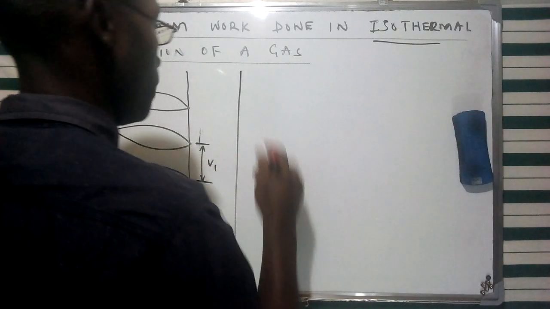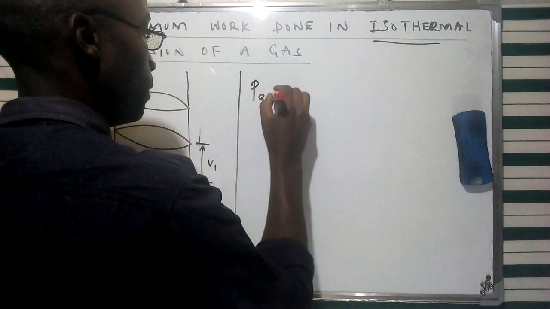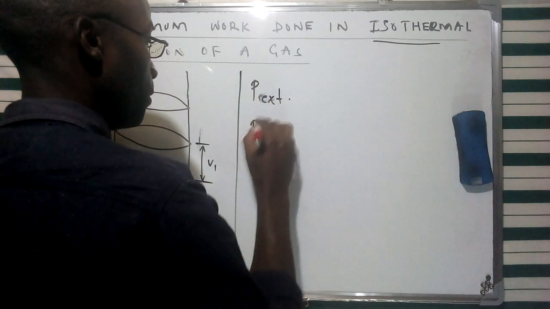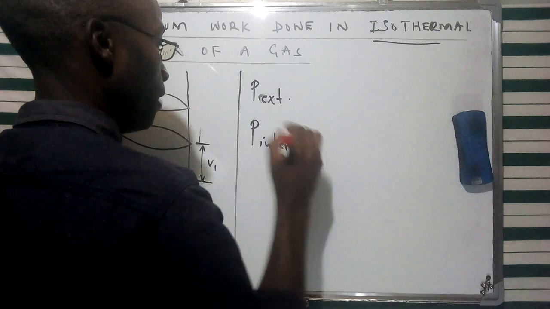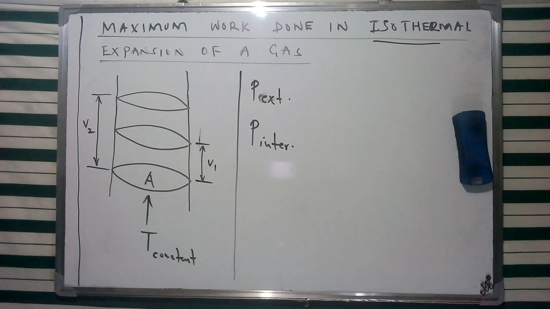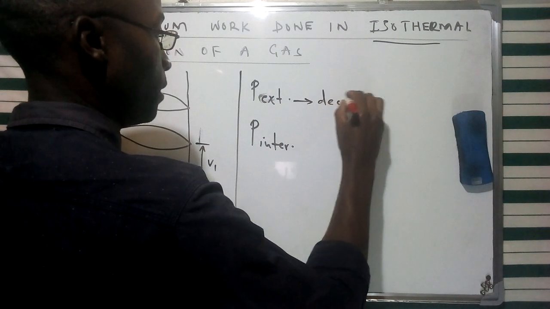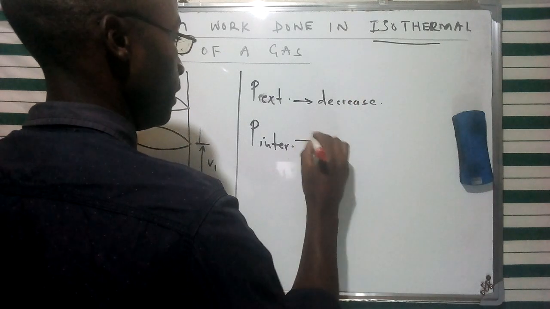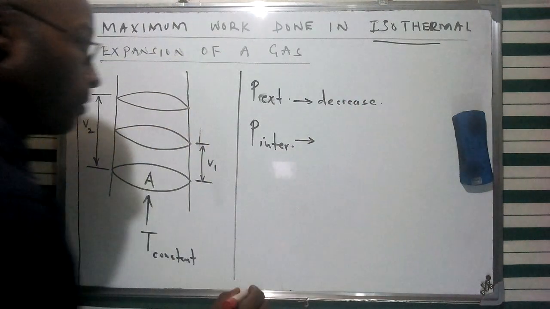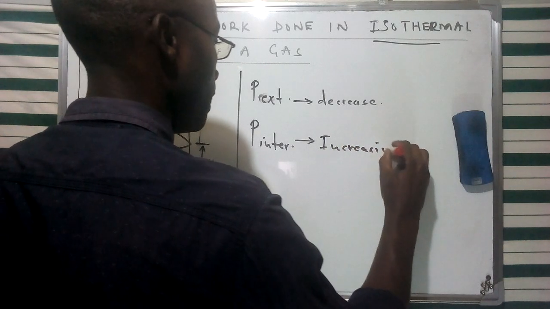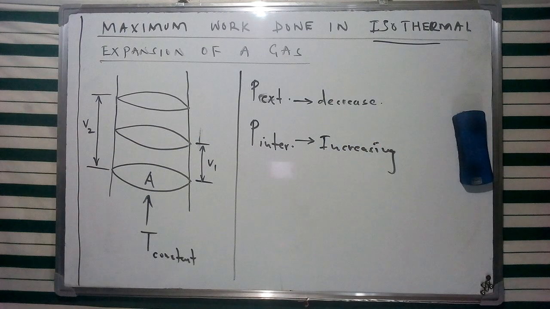Now, of course, in this particular state, for this gas to expand under constant temperature, there's going to be involvement of the external pressure, and of course we can describe the internal pressure in this particular case. For it to expand under constant temperature, the external pressure is going to be decreasing at a particular rate, whereby the internal pressure is going to be increasing in this specific case.